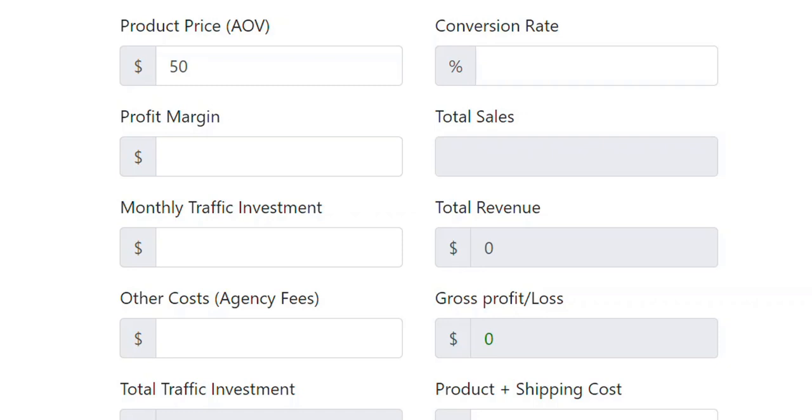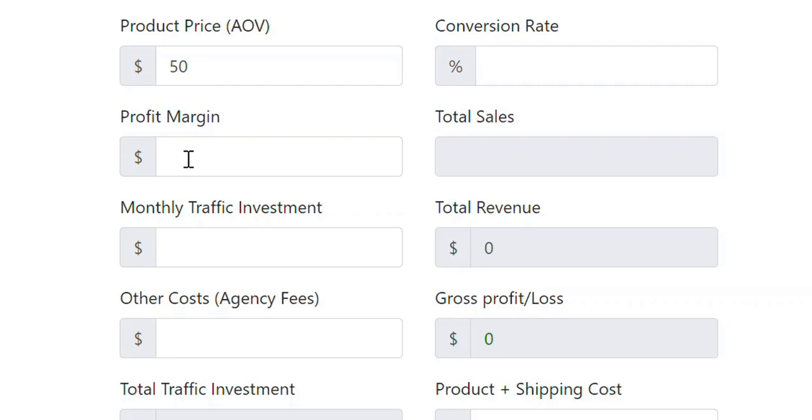And then some sell high ticket offers like 100, 200, $1,000 and above. But majority will usually fall within the range of 10 to 50 or $70 per se. So on average, let's say when people check out on their site for ABC Limited, their average order value is $50, and the profit margin they have here is 30%.